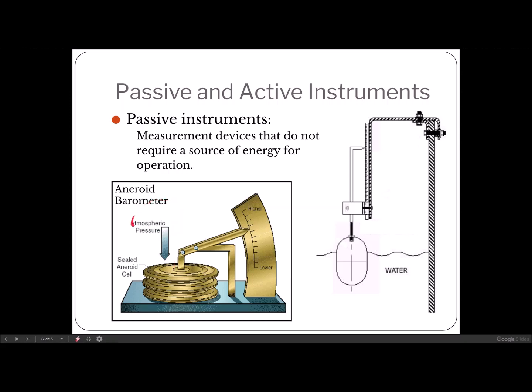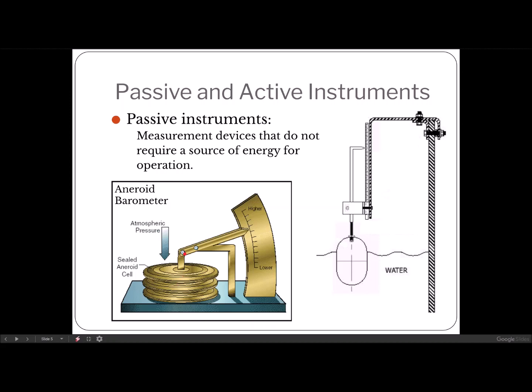So if the outside pressure is larger than the calibrated pressure inside this sealed cell, the pressure outside will press this cell, where this cell is like an accordion system.